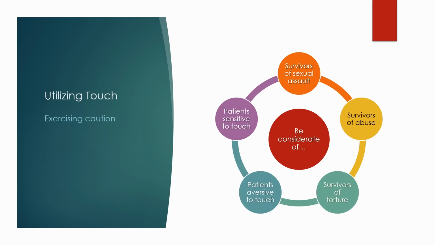Likely a good thing to include in your pre-session, especially if a patient is a survivor of sexual assault, a survivor of abuse, even a survivor of torture, if your patient appears to be aversive to physical touch, or if your patient is sensitive to touch. Because utilizing touch in these situations, in these patient populations, can actually inflict trauma, can make patients very uncomfortable, or even rattled, or even send them into a fit of panic.